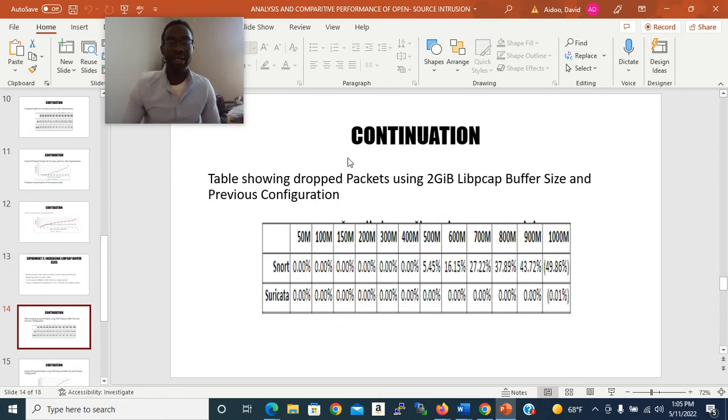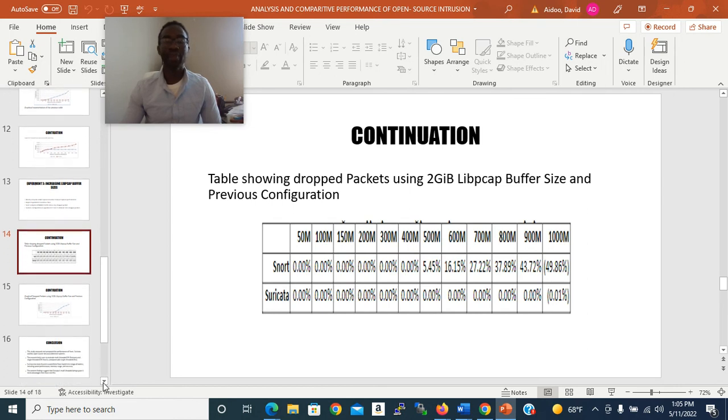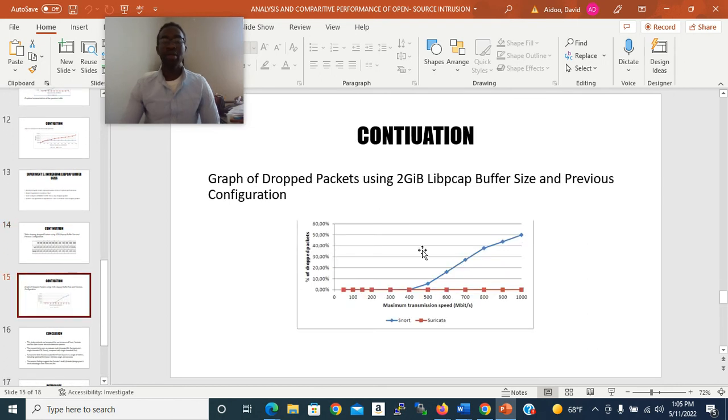Now, this next slide is a table. This table shows the dropped packets using the 2 GB libpcap buffer size and the previous configuration. This graph explains it better. Looking at the graph, you see the dropped packets using the 2 GB libpcap buffer size and the previous configuration.